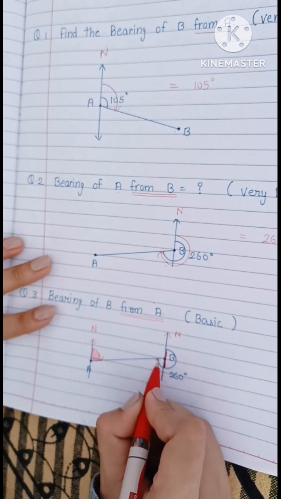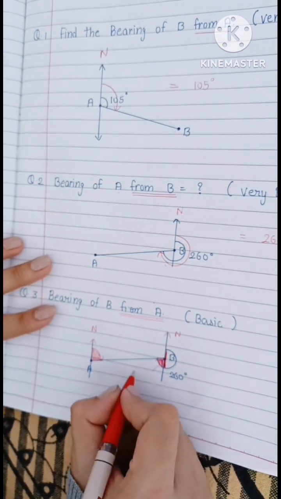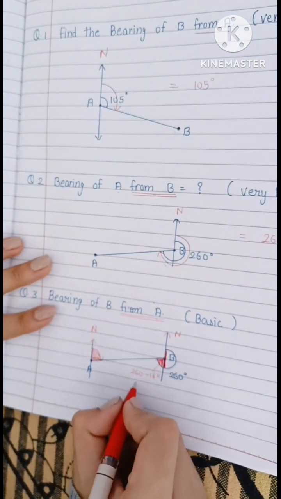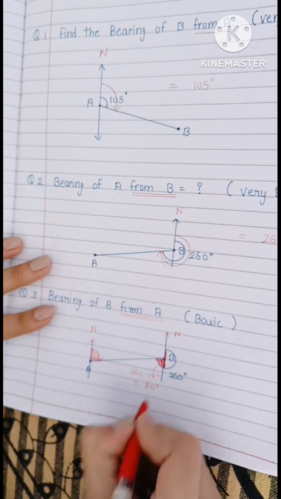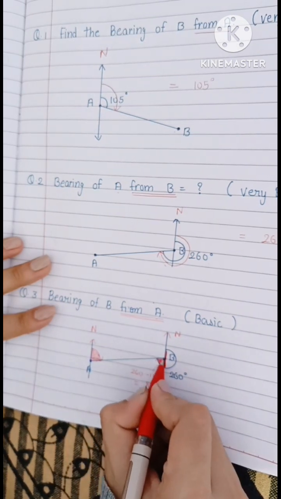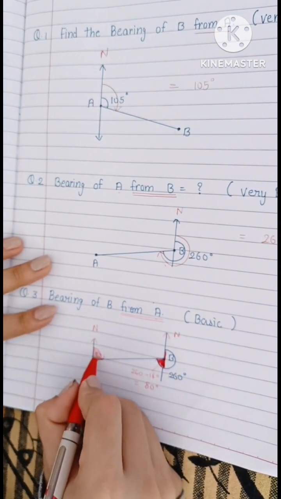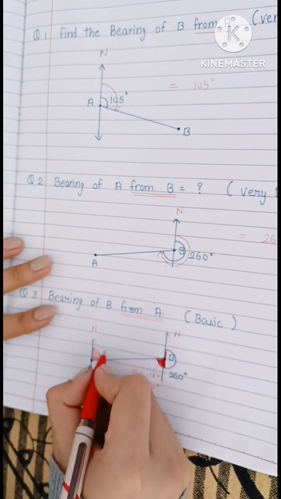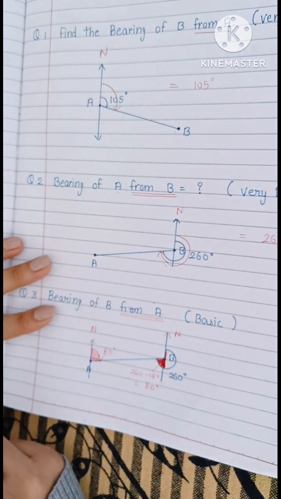So this small part must be 260 minus 180, which will give you 80 degrees. And if this angle is 80 degrees, this angle would also be 80 because they are alternate interior angles. So this is also 80 degrees.